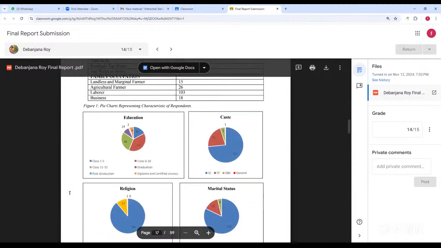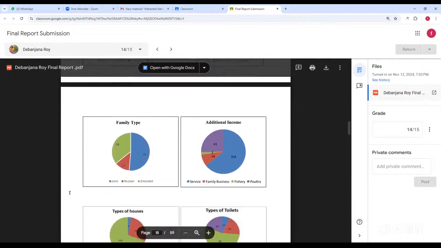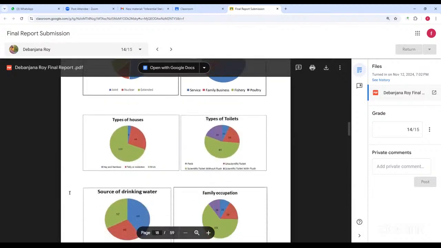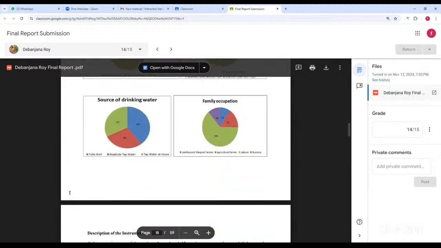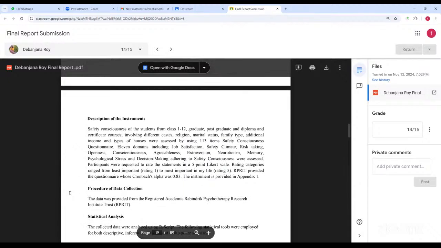So this is the education, religion, the distribution of the data. Description of the instrument. This is very important.